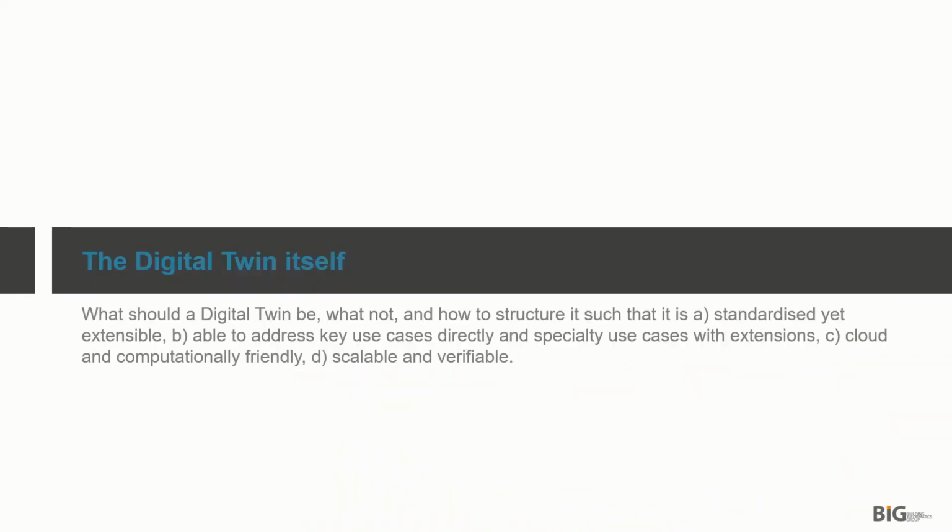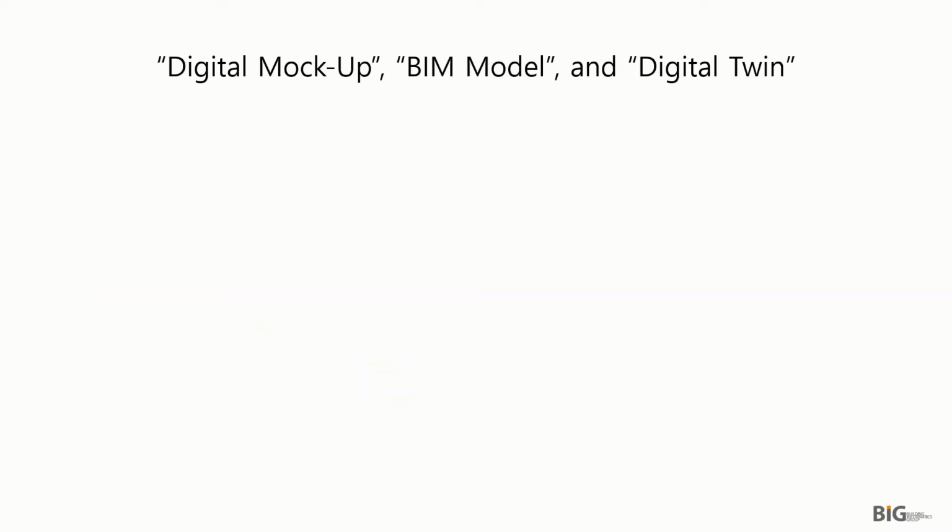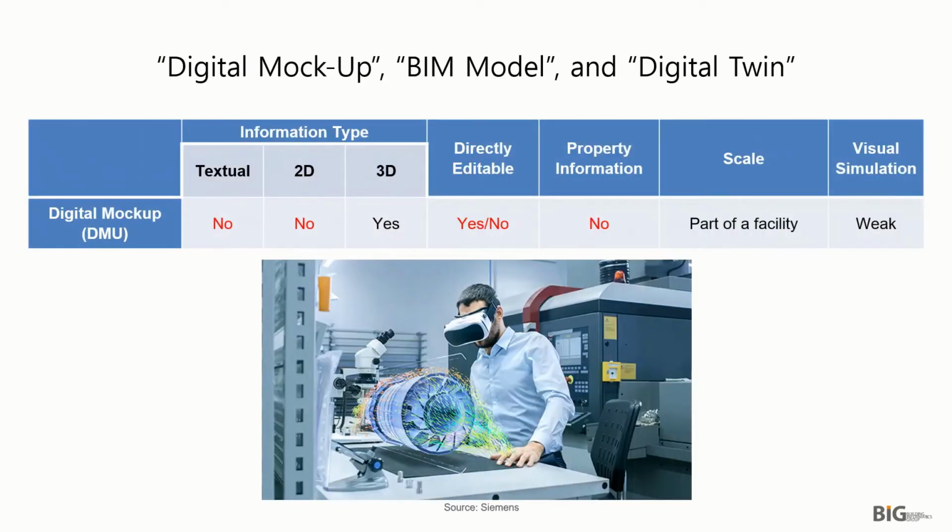On the detailed twin itself, we had a discussion among the blue team about this, and I presented it to the blue team members. There are three terms that are used interchangeably: detailed markup, BIM model, and detailed twin. I also use these terms interchangeably. Let's take a look at what these terms are, and how people use them, if they use them in a distinctive way.